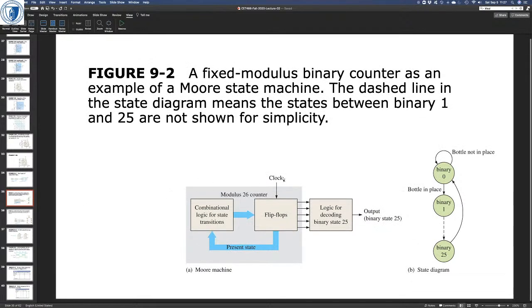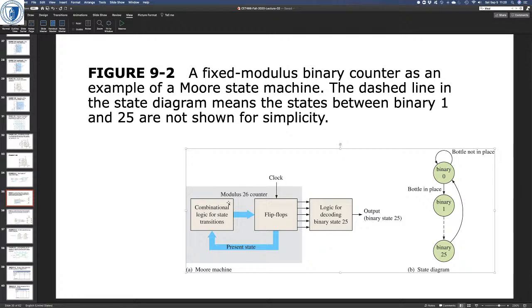Right, so here's a fixed modulus binary counter, and then the dashed line. So we've got just going from 0 to 1 to 2 to 3 to 4 to 5 all the way up to 25. Once we hit 25, we're going back to 0. Right?